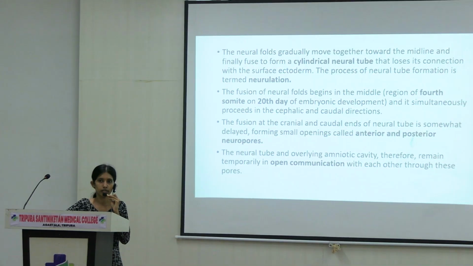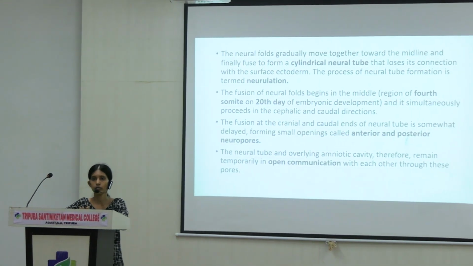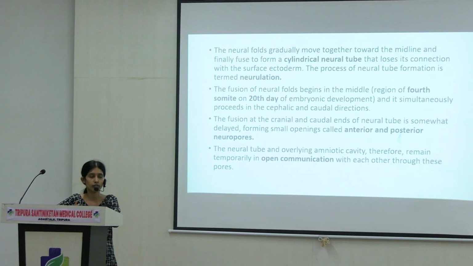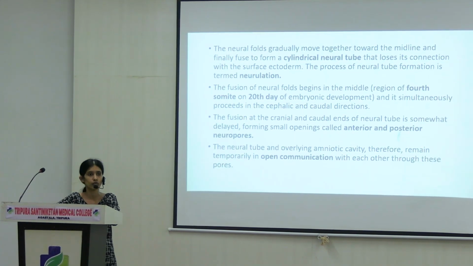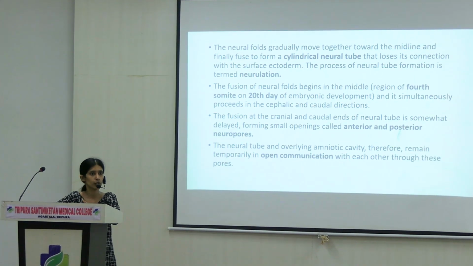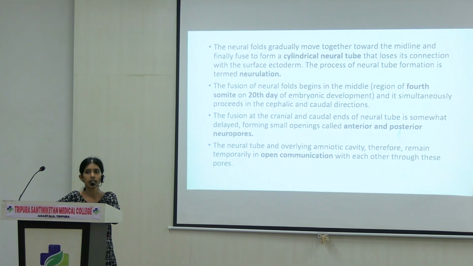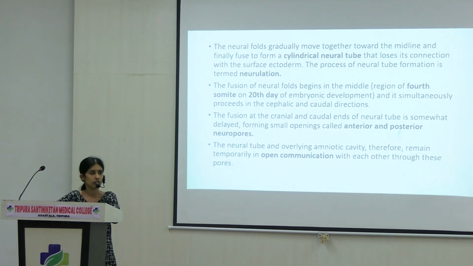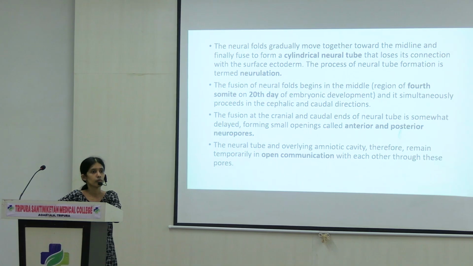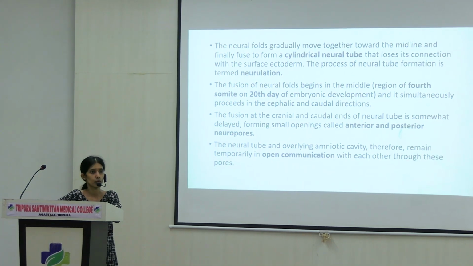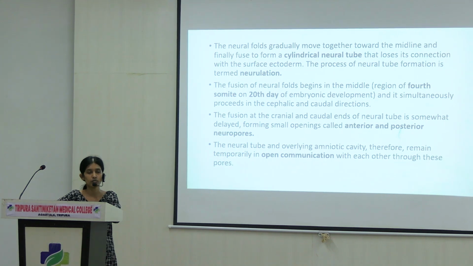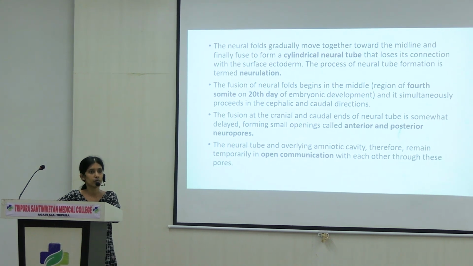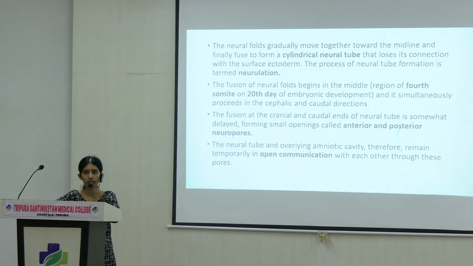So your nervous system will develop in the 4th week. It will start from the 4th week. By the end of the 4th week, we will have the neural tube, neural crest cells and ectodermal placodes. Your neural tube formation process is called neurulation, and it will give rise to your central nervous system. So it will develop your brain and spinal cord.